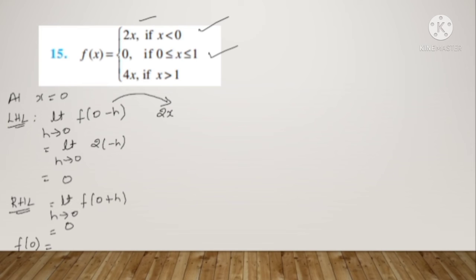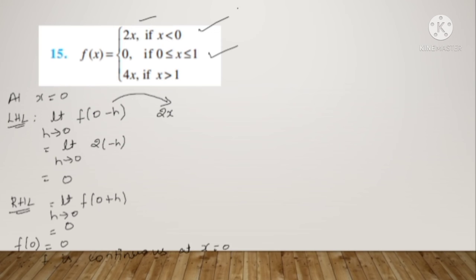F of 0 is nothing but the function f of x is equal to 0 itself. So we see that LHL is equal to RHL is equal to image. So all three values are equal. So we conclude that f is continuous at x is equal to 0.